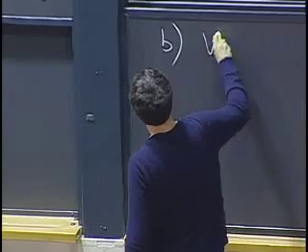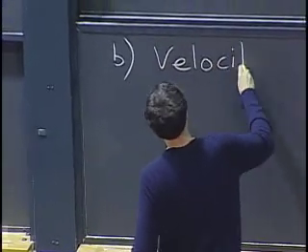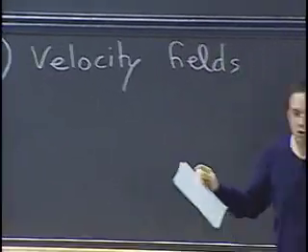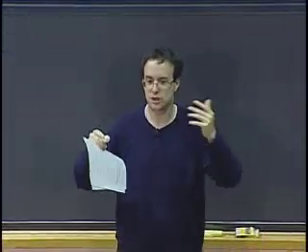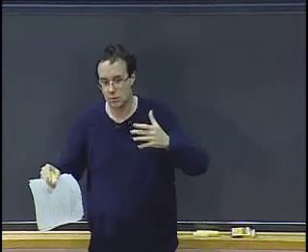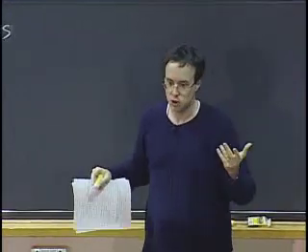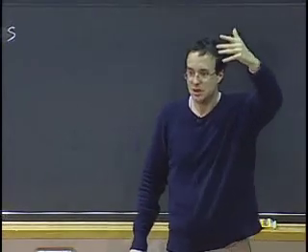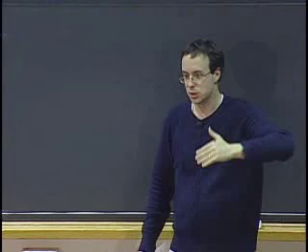Another example comes from velocity fields. If you have a fluid flow, for example if you want to study wind patterns in the atmosphere, wind most of the time is kind of horizontal, but maybe it depends on the altitude. You know that at high altitude you have jet streams. The wind velocity is not the same at all altitudes.